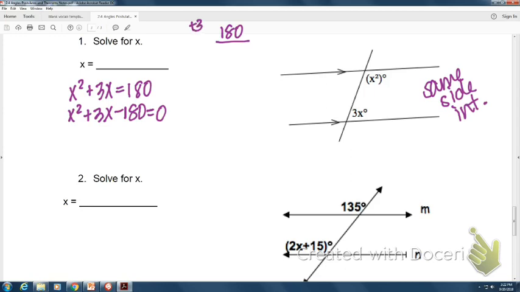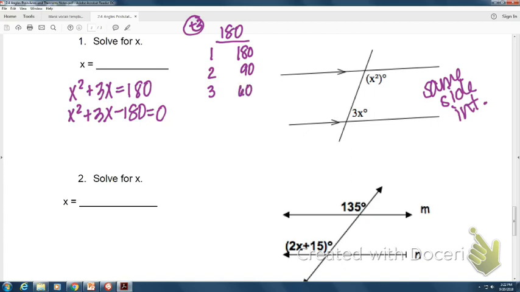Okay, with your calculator, start going. You have 1 times 180, 2 times 90, 3 times... Does 4 go in?